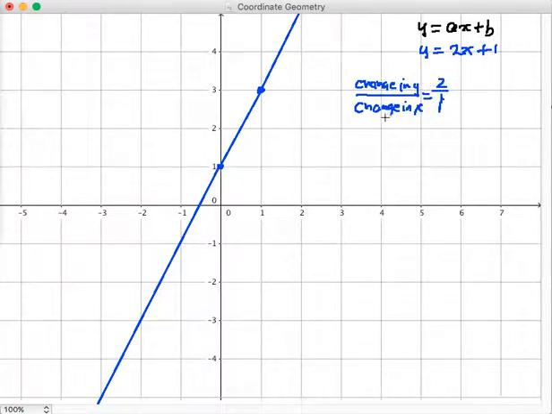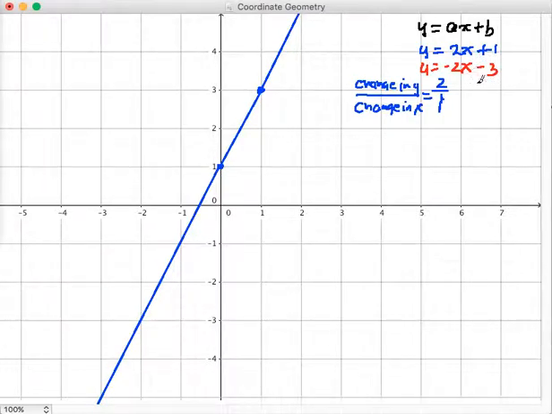Let's have our second example. For example, y equals negative 2x minus 3. Now, again, madaling makuha yung y-intercept.